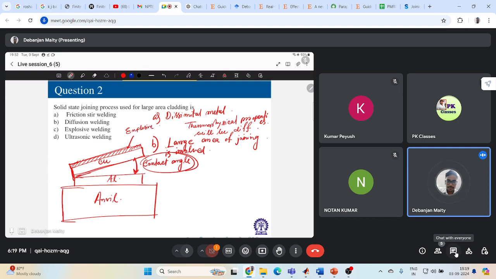I think I should use a different color. So these are my plates to be joined. And let's say this is the direction of the detonation, right?